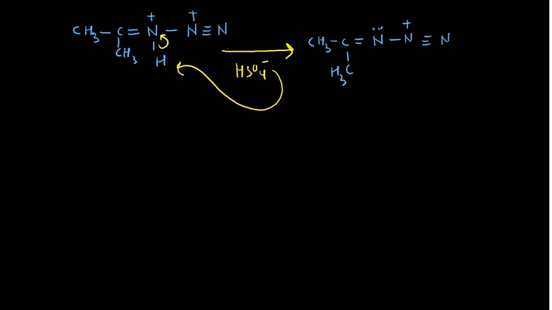Now you are having only one option to migrate. You can migrate this one or this one, both are same. So you can migrate this species from here to here, and the moment you do this, N2 would be knocked out.